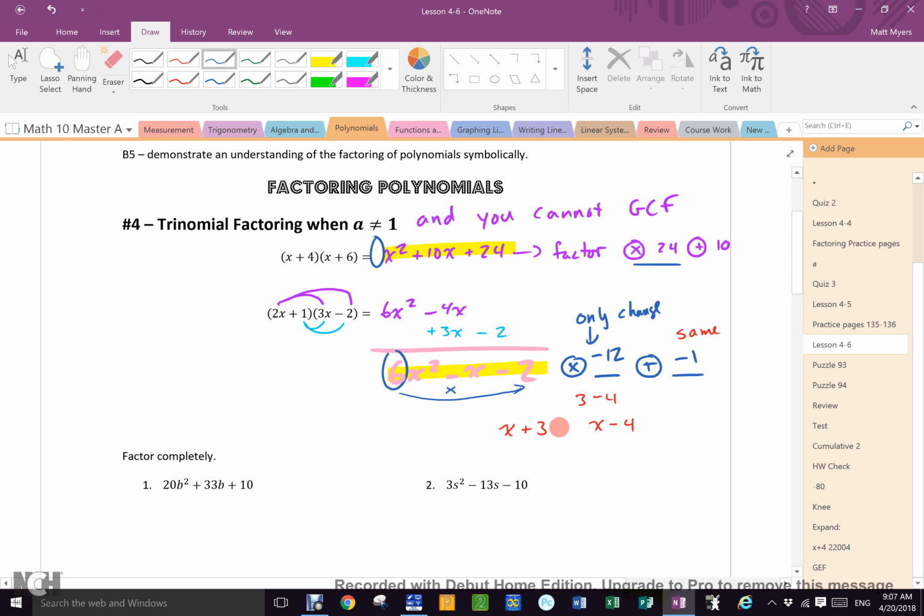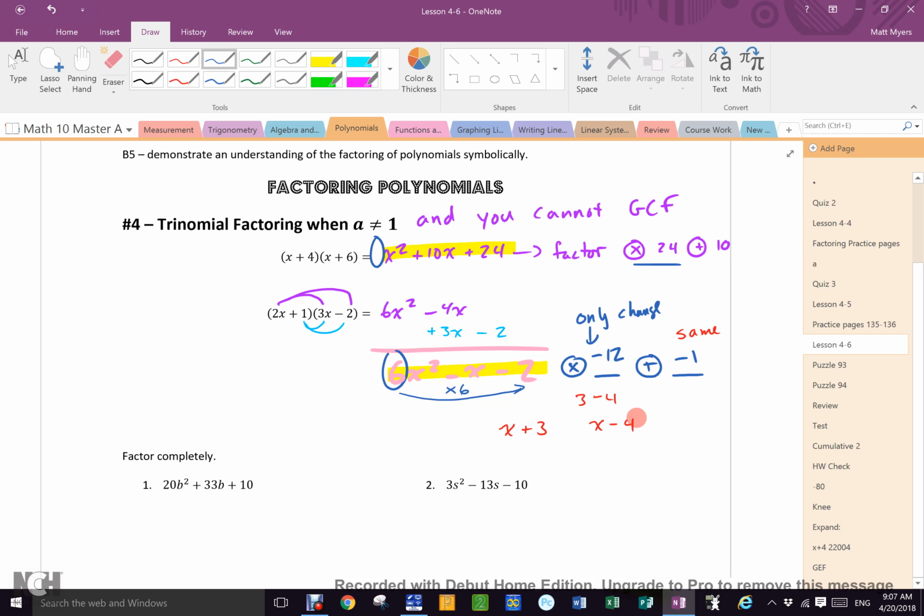No. So the only reason we knew it was 3 and 4 was because we multiplied by 6, correct? So we got to get rid of that 6, don't we? How do we get rid of times 6? Divide by 6, right? What do you think we would divide by 6? Right now we have x, 3, x, and 4. What would we be dividing by 6? You got a 50-50 shot.